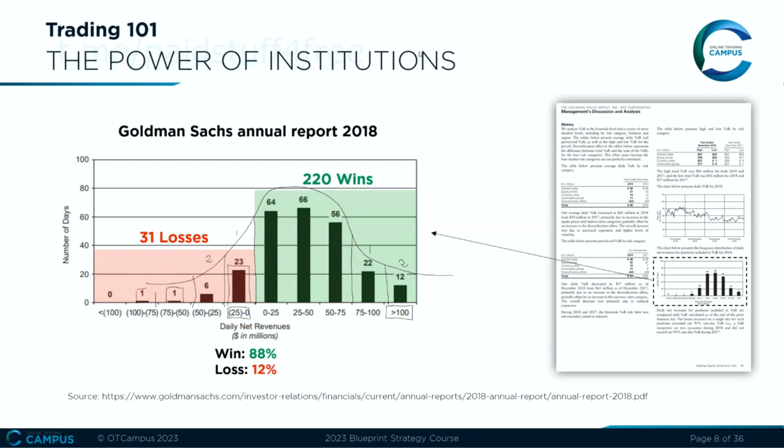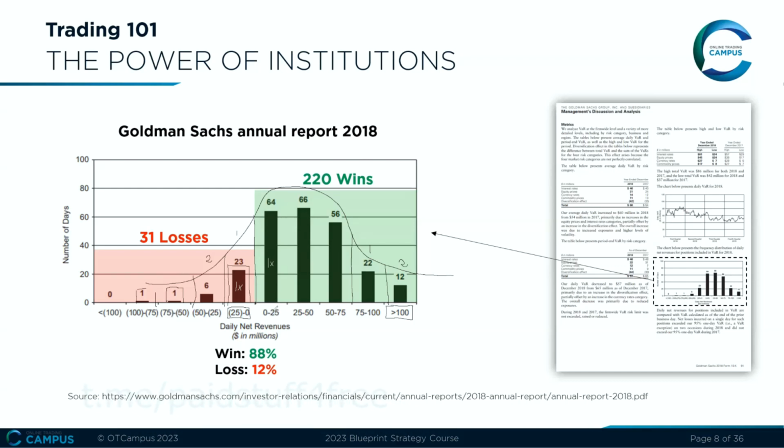So what do I mean by that? Well, if this was your 1x risk at 25 million US dollars of loss, then here they make a 1x profit.